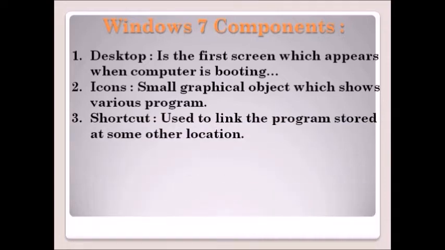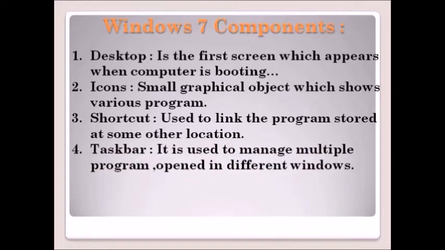These objects are links to files, folders or programs that can be stored at some other location, and a shortcut is represented by an icon having a jump arrow at the lower left corner.